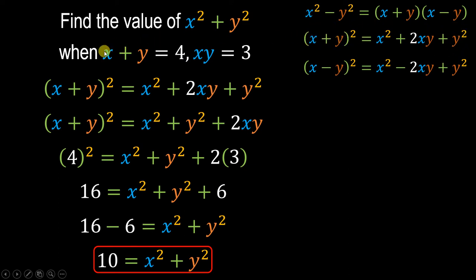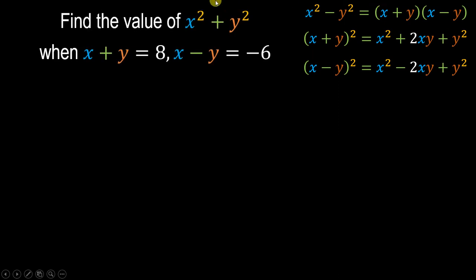Similarly, when you have x minus y and xy, you have to apply the other identity, because when you switch its order you will have x squared and y squared, and this term will be at the end of the equation. And here you have x minus y, so you can easily solve that part as well. Now let's move to the next question, which might be quite complicated using the simple identities.